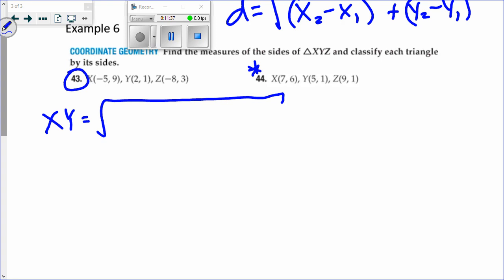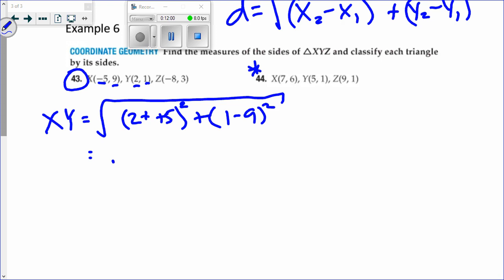For XY, the X2 value is going to be 2. So 2 minus X1, which is -5. Double negatives, so we do addition in a moment. We're going to square that. Then we're going to add Y2, 1 minus Y1, 9, and square that.